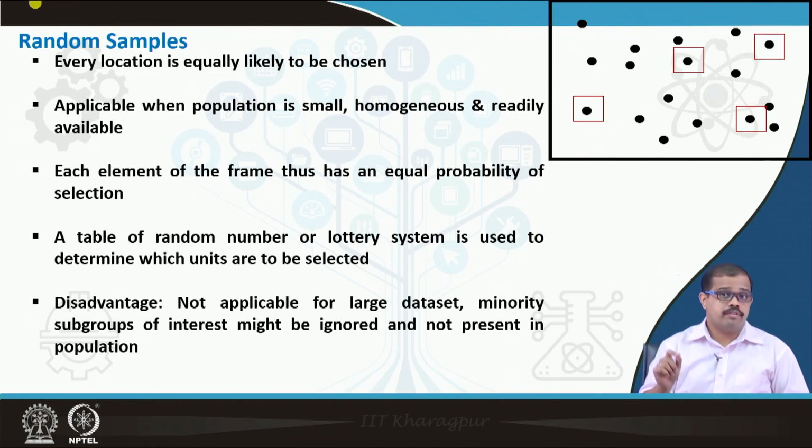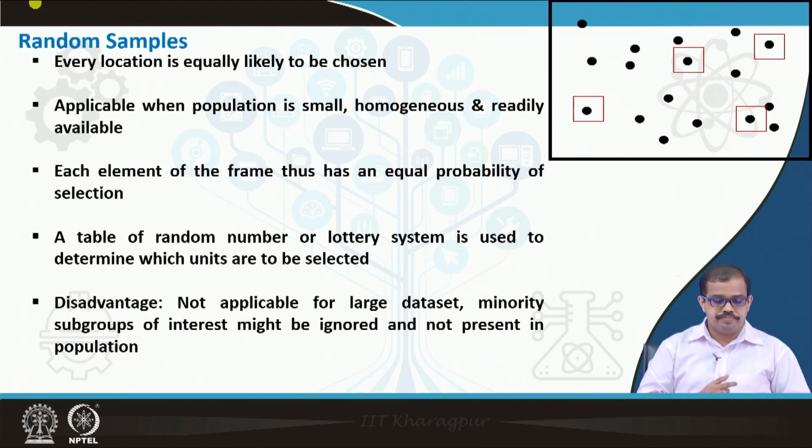For example, if your entire area is just urban area with very minimal change, then maybe random sampling is the best way to sample it. But if you have mixed land uses all across your region, where it is not homogeneous, it is completely heterogeneous, then your sampling cannot be a random sampling.